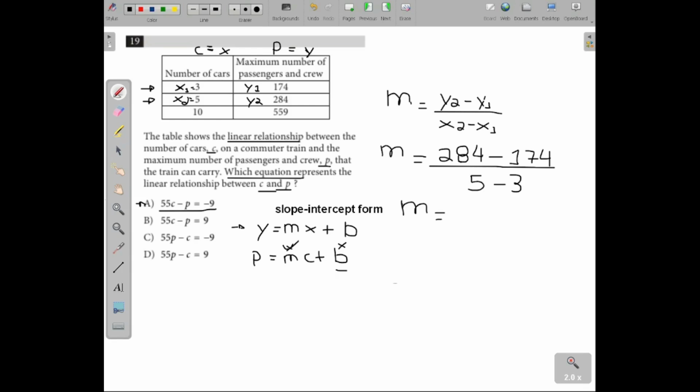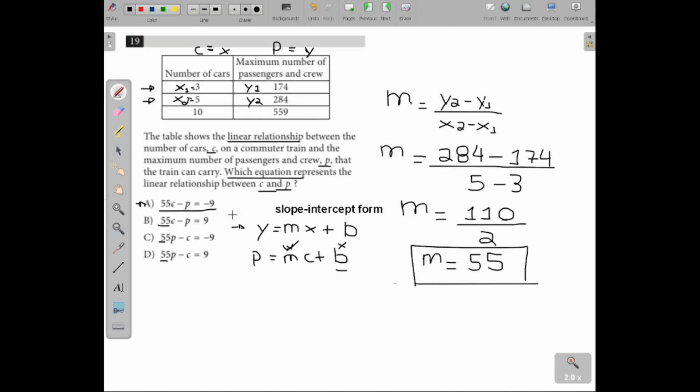Now the slope will be equal to 284 minus 174 is 110, over 5 minus 3 is 2. Finally, the slope is equal to 110 divided by 2, which is 55, which is this 55 we have in all the answer choices. So we have the value of the slope.